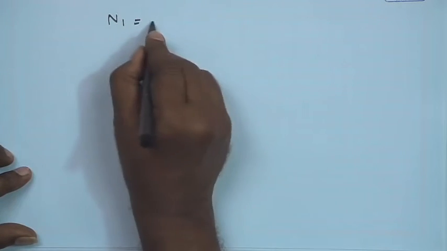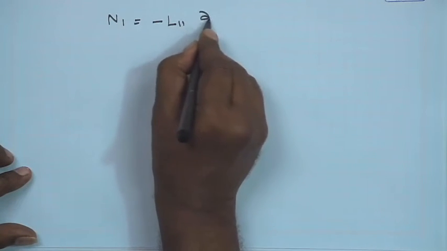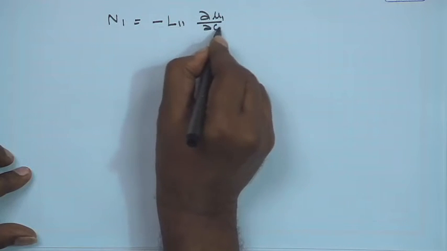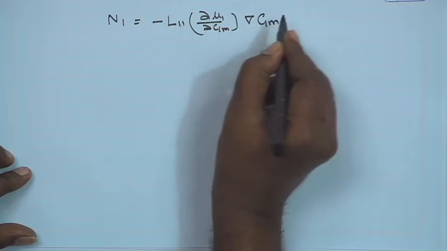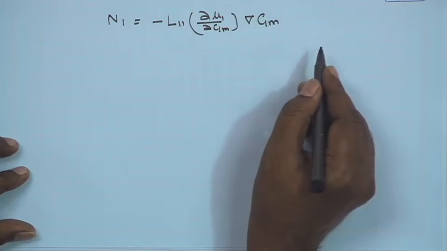So, N1 can be minus L11 del mu 1 del C1m, gradient of C1m. We neglect the second term depending on the pressure.